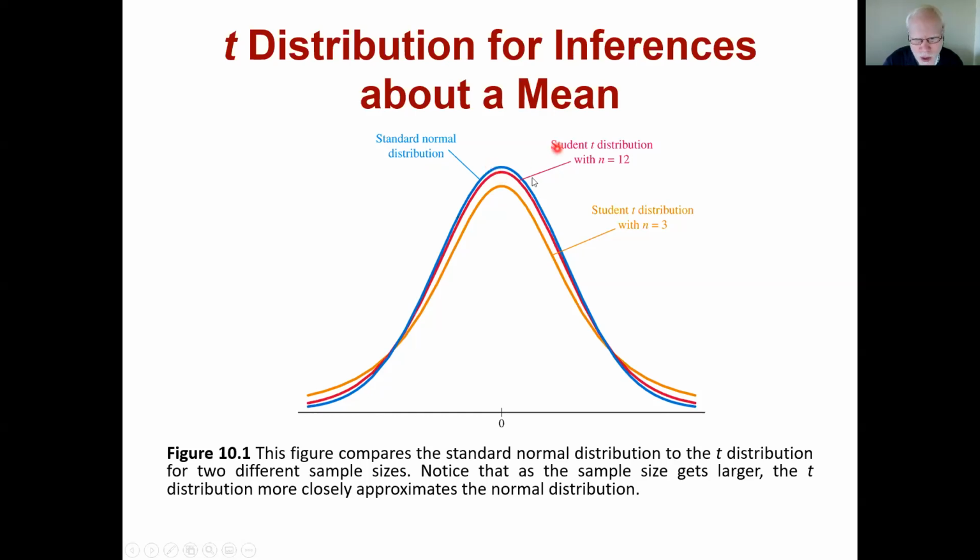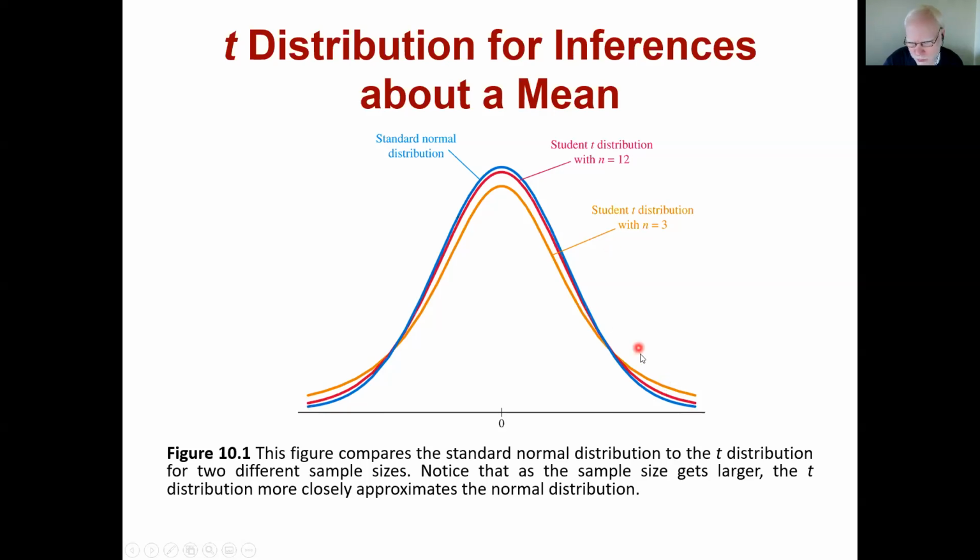And in red, we've got the student T distribution with n equals 12 and the student T distribution with n equals 3 further down. While the shape is really similar, symmetrical, all of them having a bell type shape, the smaller the sample size is, the heavier the tails get.